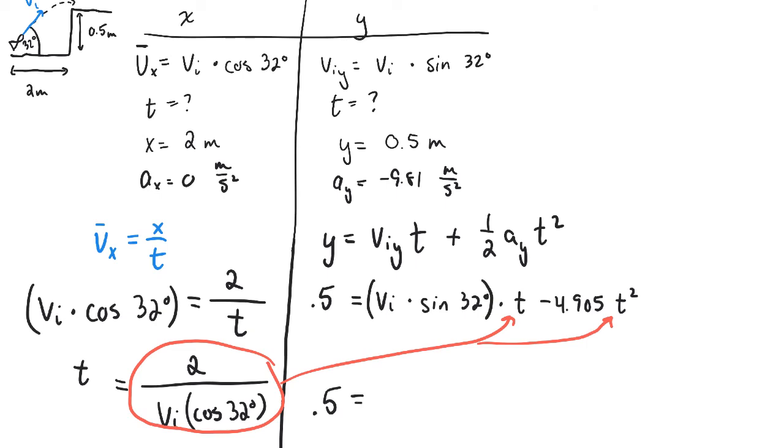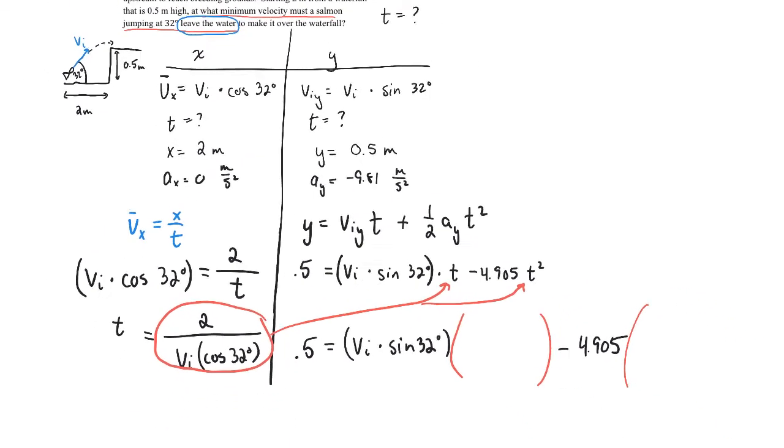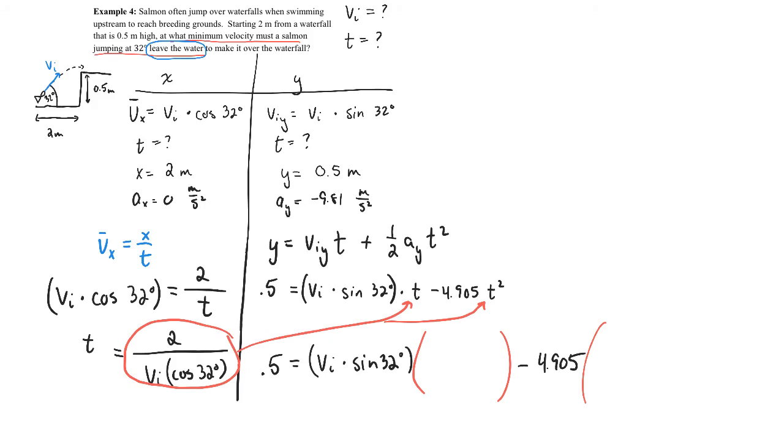I'm going to plug in and write down what it becomes. We have 0.5 equals VI times sine 32. That remains the same. It doesn't change. Times this whole expression, which goes in for time, minus 4.905, again times the whole expression. And that expression at the end is going to be squared.